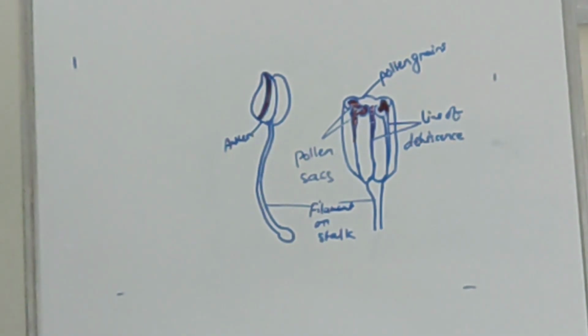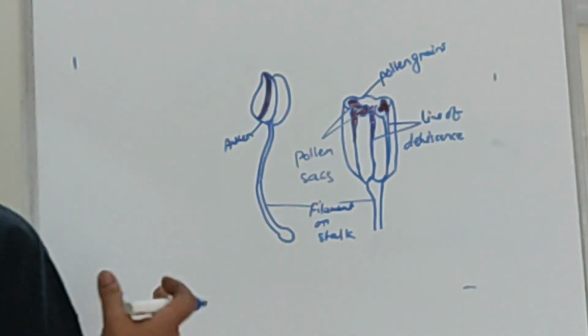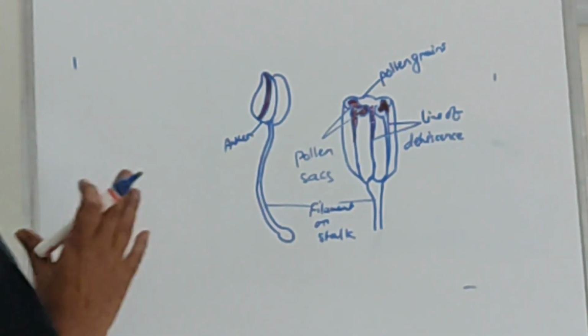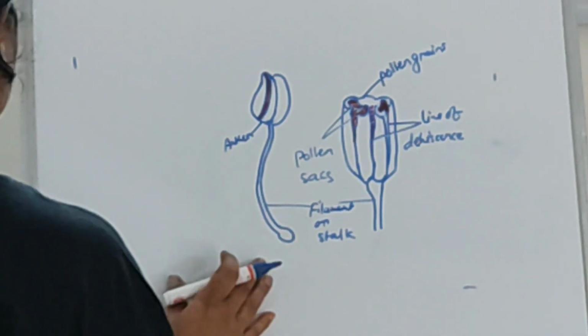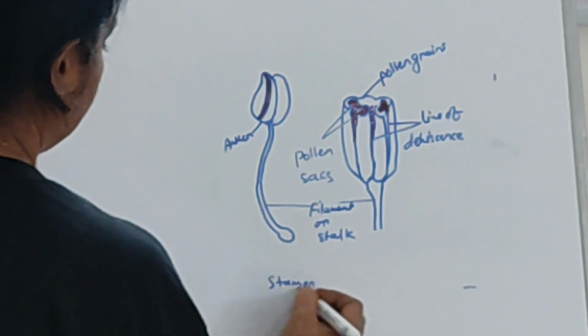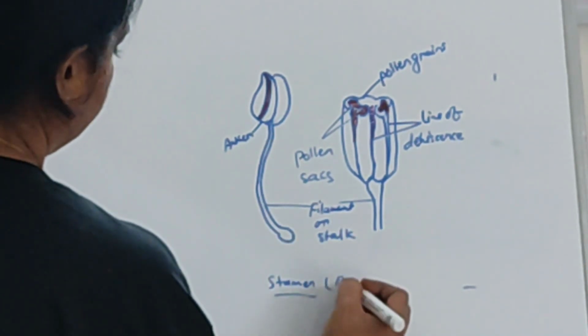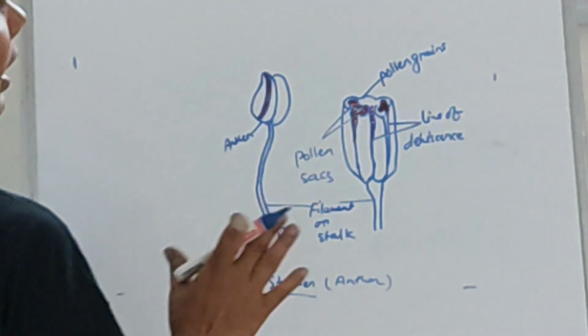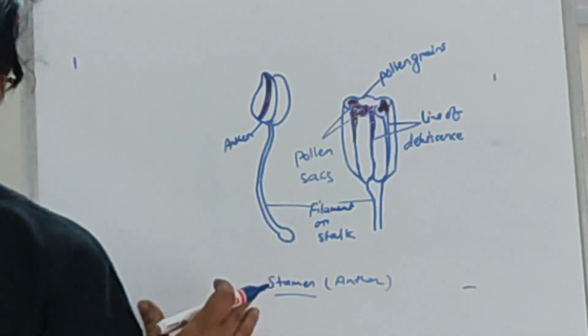As we discussed the flower structure, we came to know about the sex organs of a flower, that is male gamete and female gamete. Here is the picture of a stamen, that is the anther. This is the male sex organ of a flower.